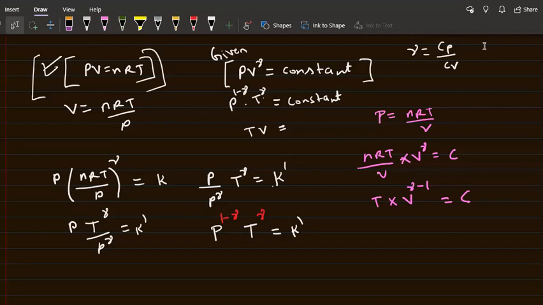So it will become nRT by V into V to the power gamma is equal to constant. Now nR is also constant, so cross multiply this, right? So constant by constant will be another constant. Now V to the power gamma by V will become V to the power gamma minus 1. Okay? Got it, everyone?